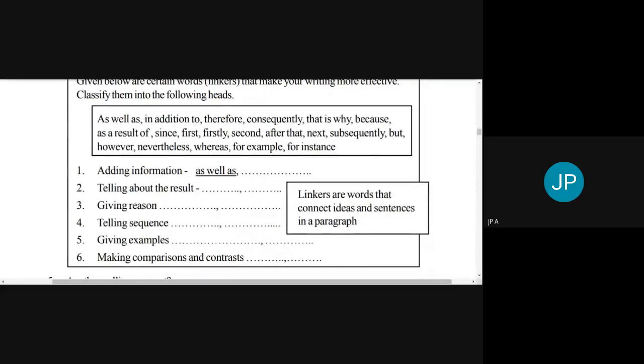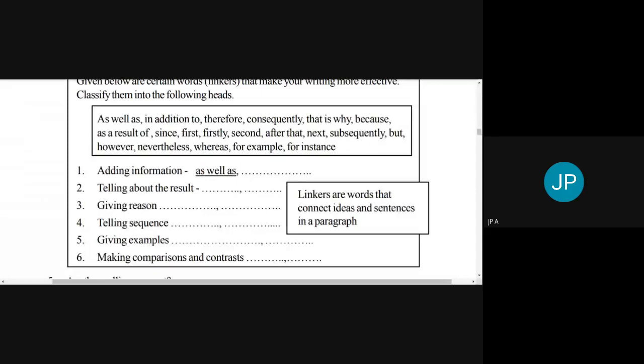The destruction of the ozone layer is dangerous because it can release harmful rays into the atmosphere. So that is an example. For example, the destruction of the ozone layer releases harmful rays into the atmosphere.